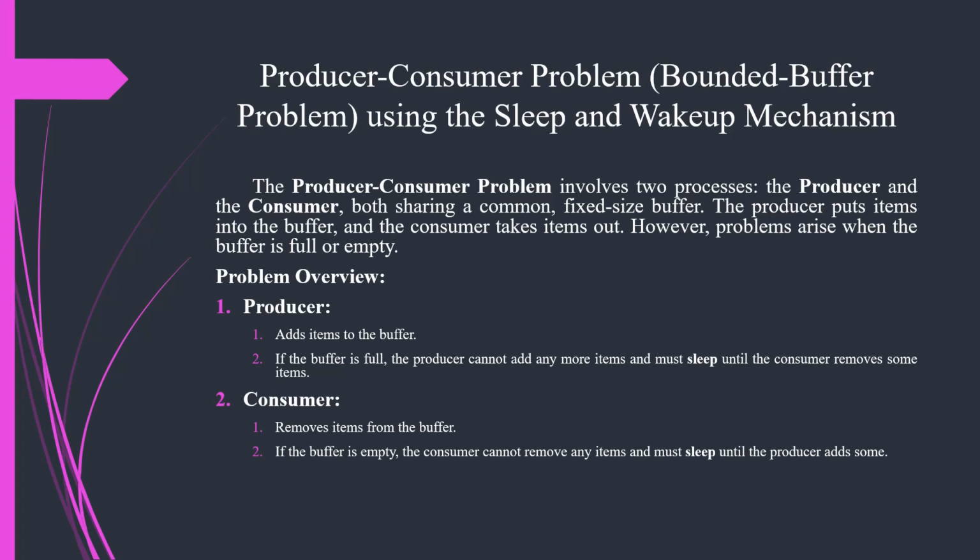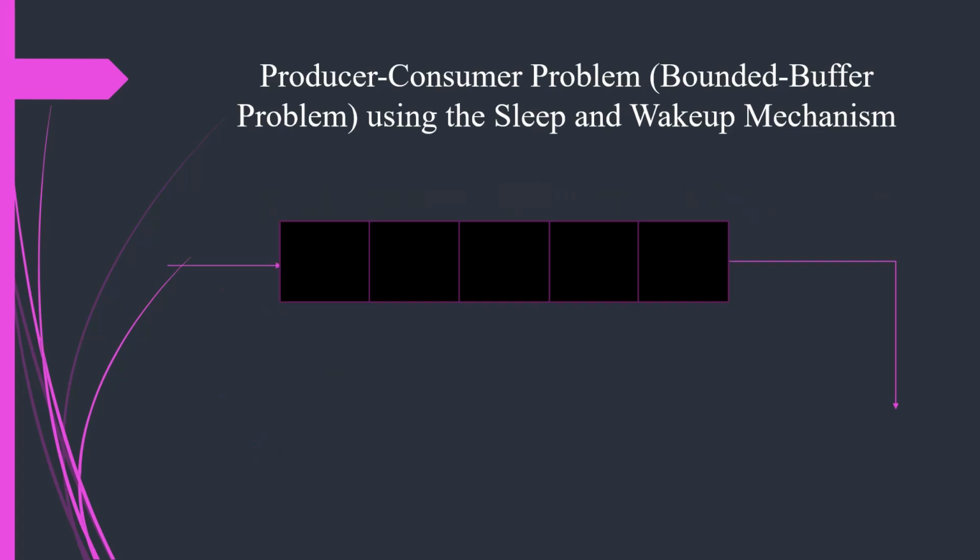So this is the scenario of the producer and then consumer problem, because this is the way interprocess communication works, because we are sharing the common resource. Here the common resource is the fixed size buffer. And to handle this producer and consumer problem, we are using this sleep and then wake up scenario to make it move in a very smooth way without any other issues.